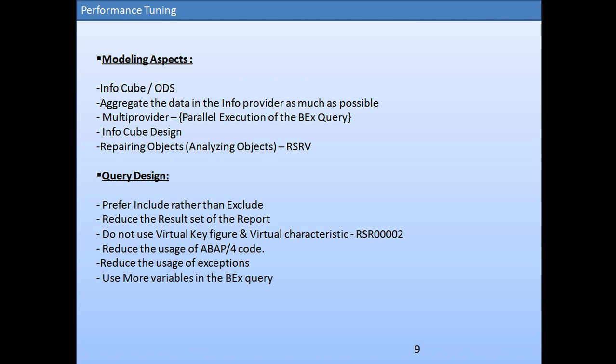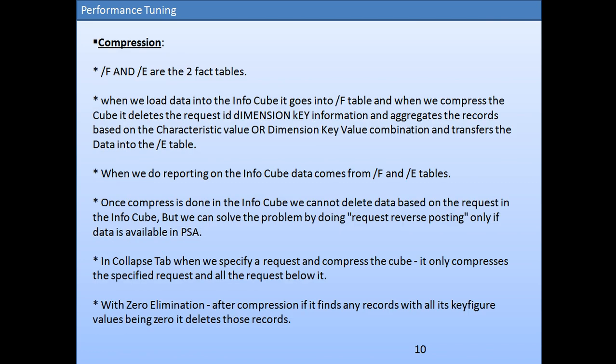Instead of reading all data and then filtering, why don't we give more flexibility in the variable screen itself, where he can choose exactly the data he wants: region, country, company code, cost center. You can have 19 to 20 variables, a very big selection screen, so he can select exactly what he needs rather than fetching the whole database. So these are points you can think about when creating a query or modeling this.